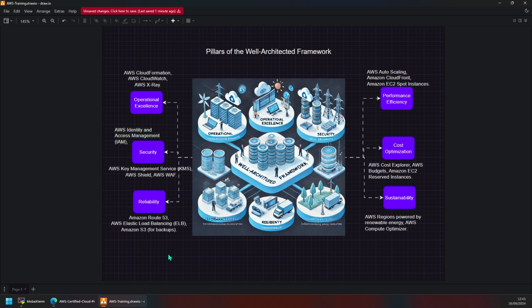So the focus is on designing systems to be reliable and to recover quickly from infrastructure or service disruption. If there is any kind of issue or attack, your system should be resilient enough to handle that attack, understand that there is an attack, and work with fault tolerant, redundant, auto healing capabilities.